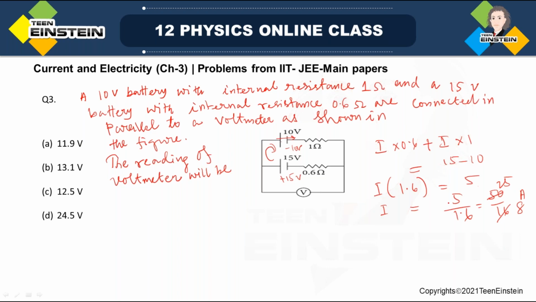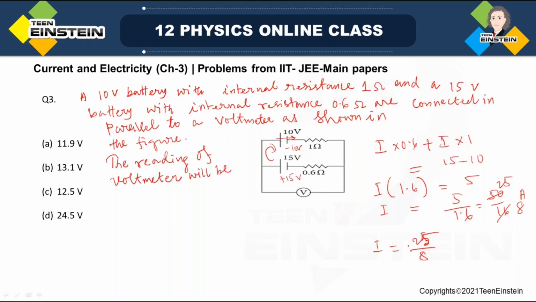This is the ampere, this is the current. So I is 25 by 8 ampere. All right, so I have got the current.